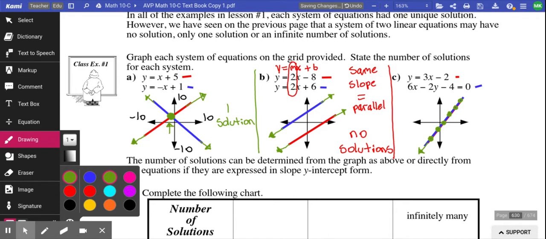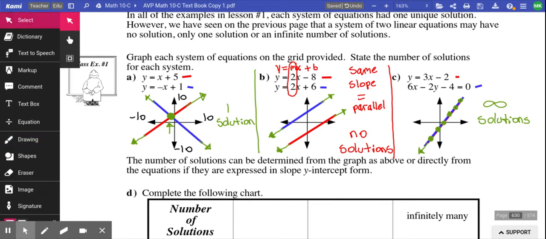We call this infinite solutions, meaning that every single x value would give you the same y value for both equations. These are the only three scenarios you should ever get in this unit as long as you have linear lines. You'll always get either one solution, no solutions, or infinite solutions.